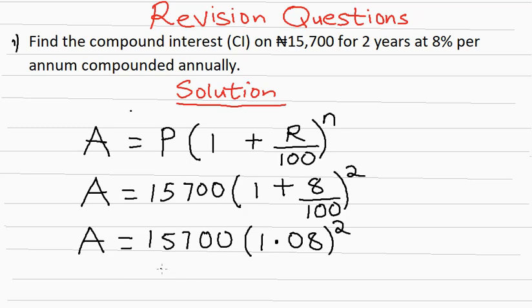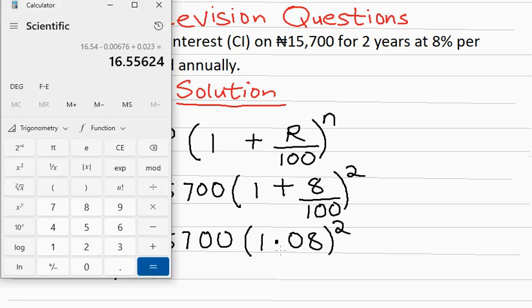So at this point now, the calculator will help us get our answer directly. So what we are going to do is 1.08 raised to the power of 2. Then, of course, whatever we have, we now use it to multiply 15,700 times 15,700.